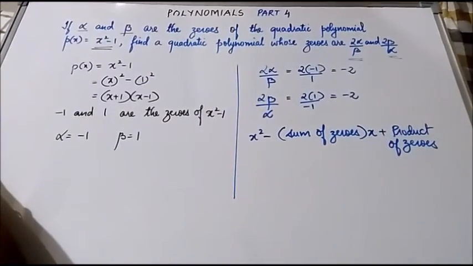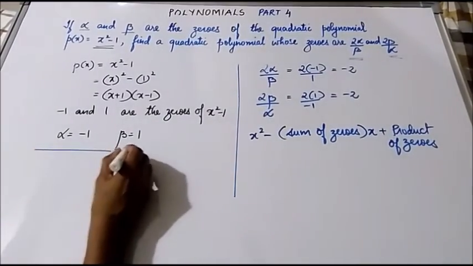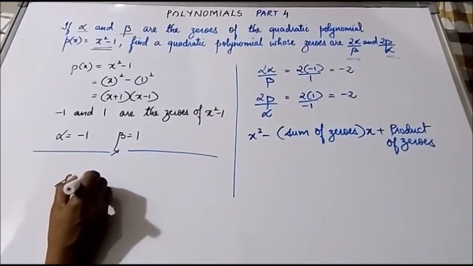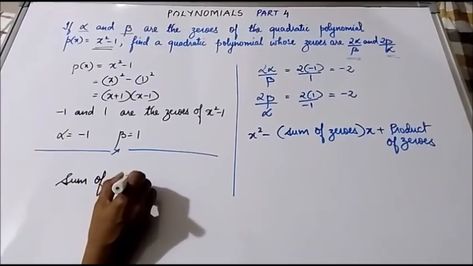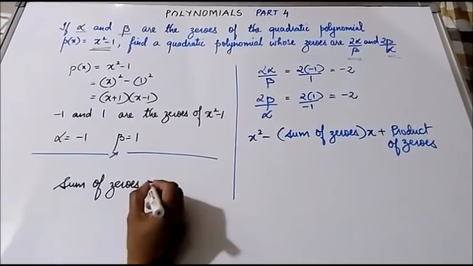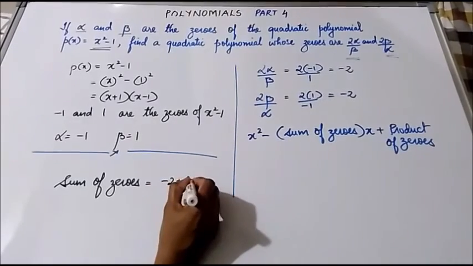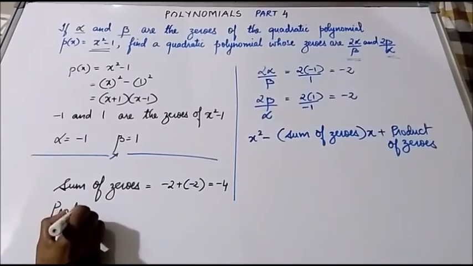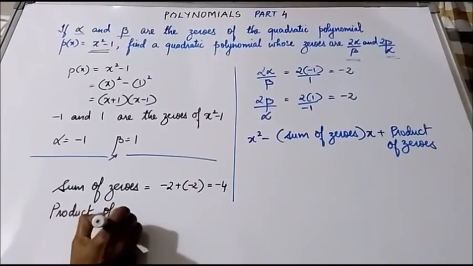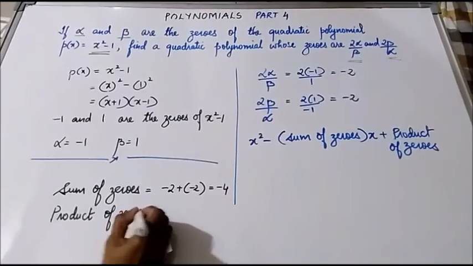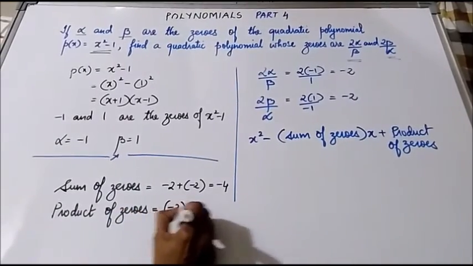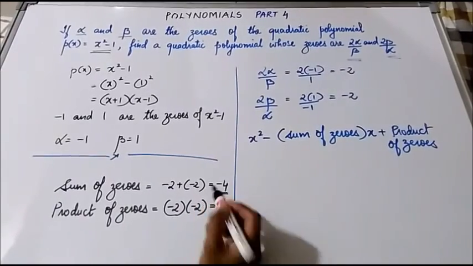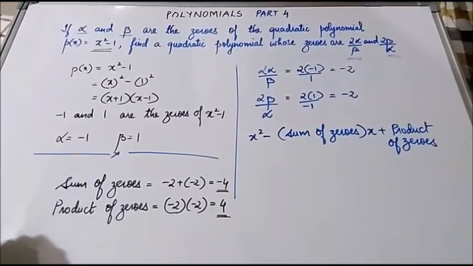First let us find the sum of zeros. It will be minus 2 plus minus 2, which gives me minus 4. The product of zeros will be minus 2 into minus 2, which gives us 4. Hence the sum of zeros is minus 4 and the product of zeros is 4.